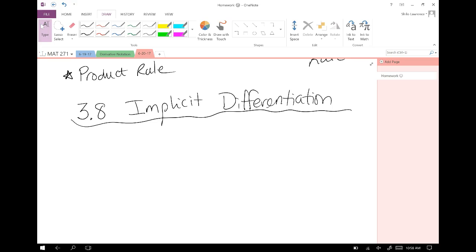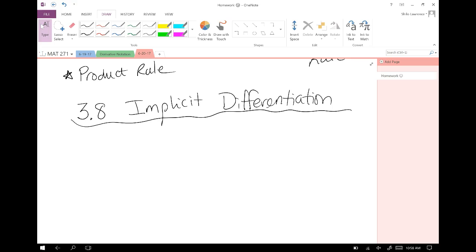Usually when something is explicit, it's obvious. So in math, when an equation is explicit, it's solved for y. It's y equals a function of x.